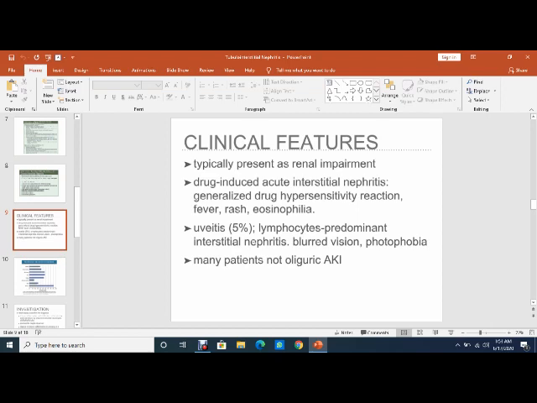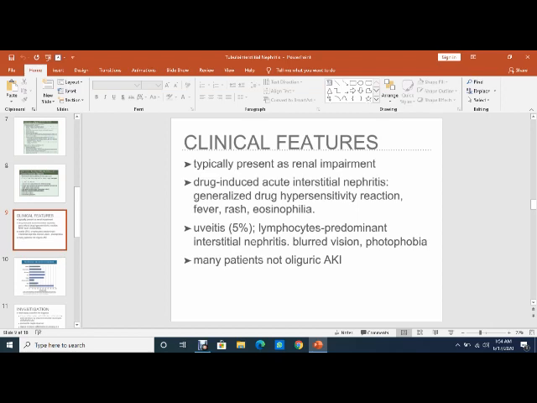They can present with a fever, rash, and eosinophilia. It is the characteristic feature of the hypersensitivity reaction. In 5% of the cases, uveitis, inflammation of the uveal tract takes place. Lymphocyte predominant interstitial nephritis, blurred vision, photophobia.